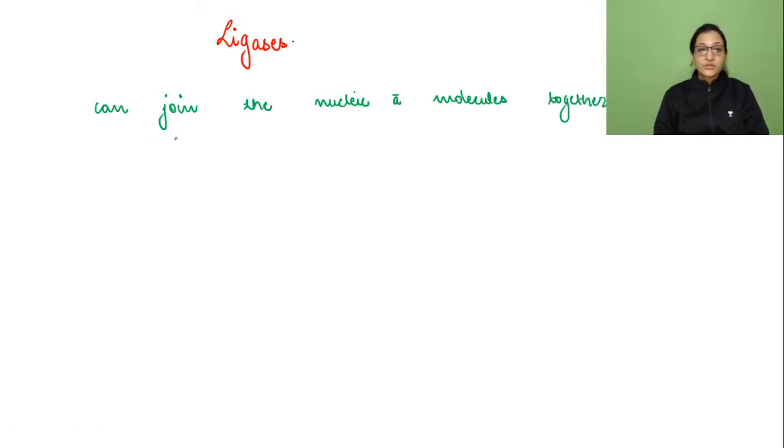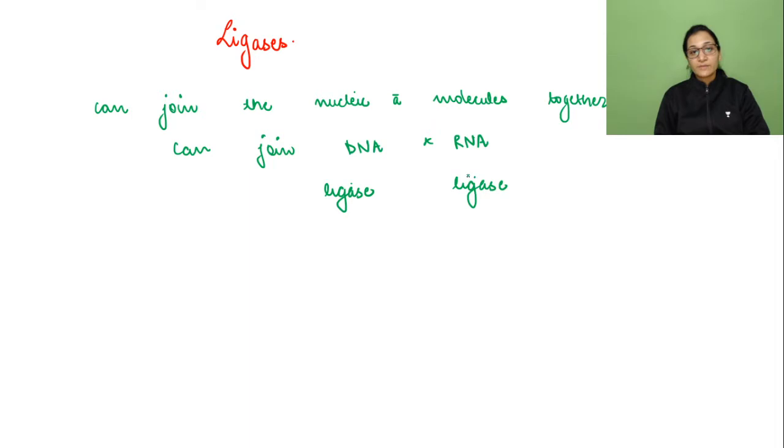They are able to join DNA as well as RNA, so it is DNA ligase and RNA ligase. Both types of ligases are there. DNA ligase catalyzes the formation of a phosphodiester bond between the 5' phosphate of one strand and the 3' hydroxyl of another strand.